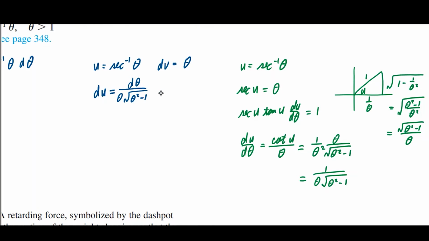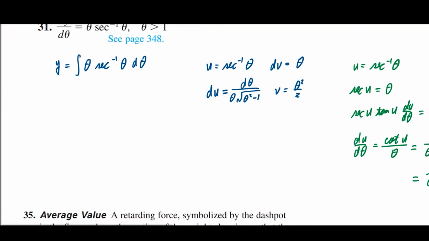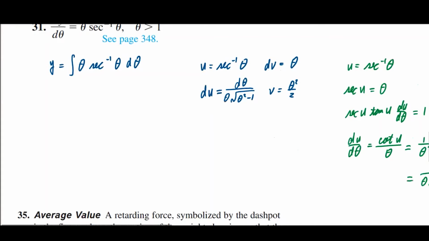Okay, and v is just theta squared over 2, isn't it? Now let's fully come back to our original problem. So this thing is equal to uv, this and this.